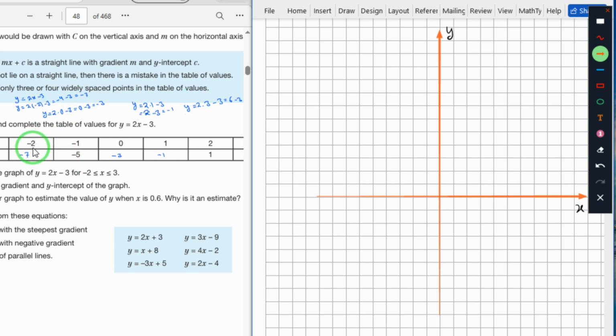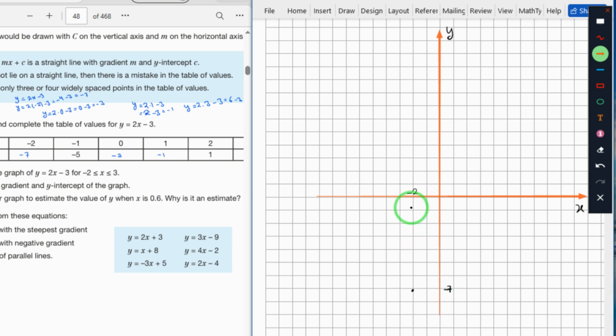First point: x is minus 2, y is minus 7. For x minus 2 here, y is minus 7. We count minus 1, minus 2, minus 3, minus 4, minus 5, minus 6 and minus 7. This point is minus 7.